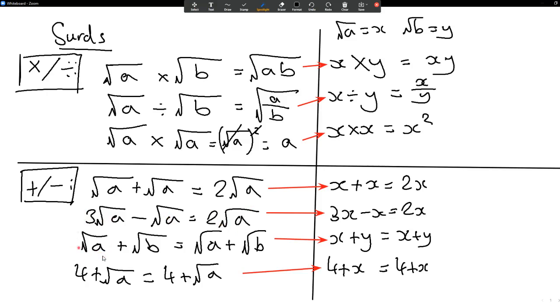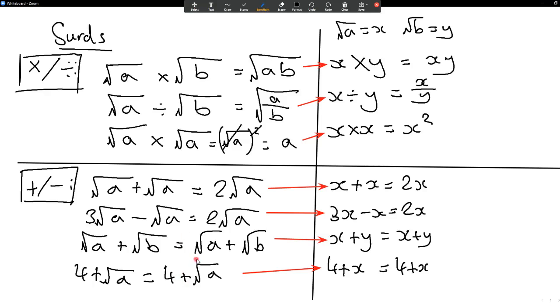However, you can't add different surds together which have different things inside of the root. You can't do anything more with that. And the same goes for when you want to add a surd to a non-surd term. You can't do anything with that.